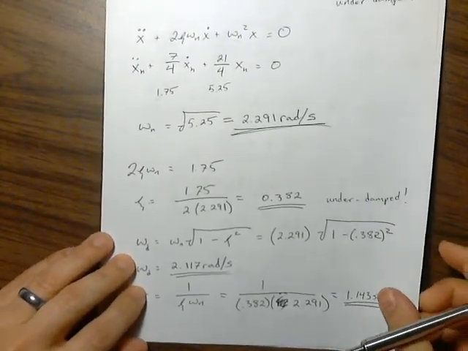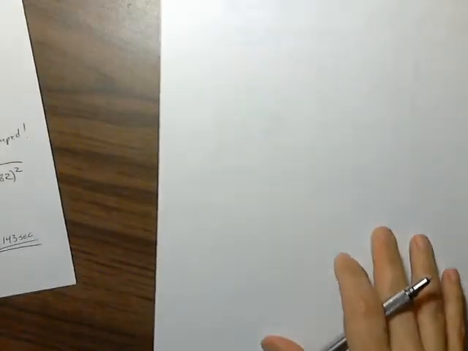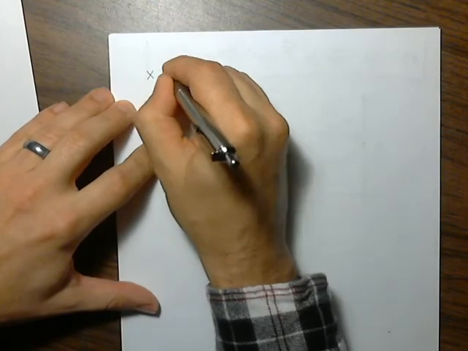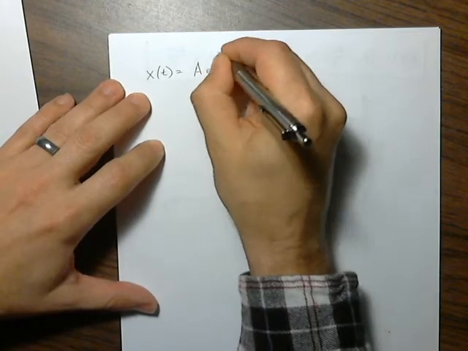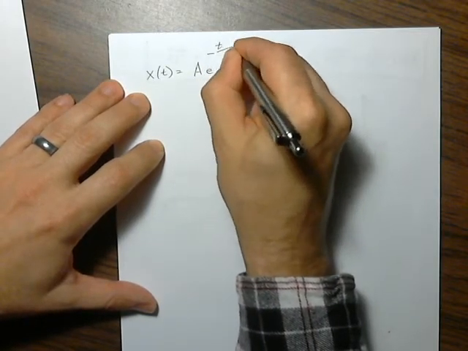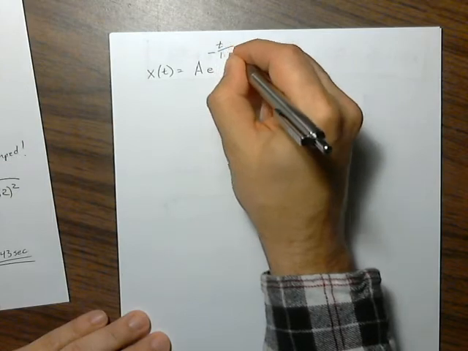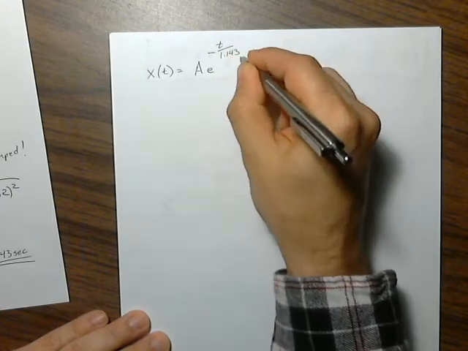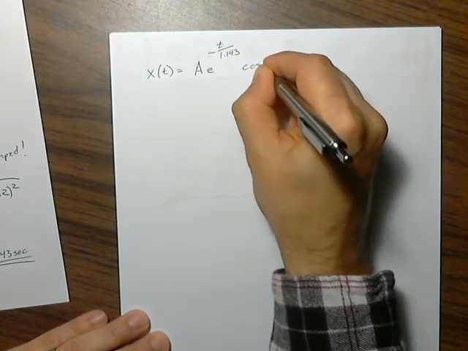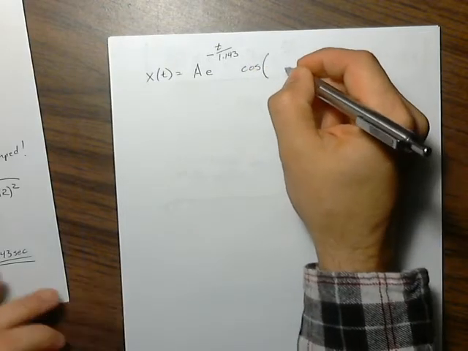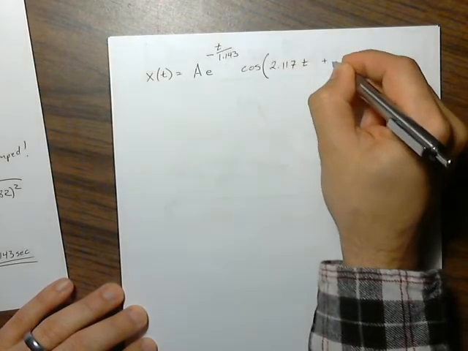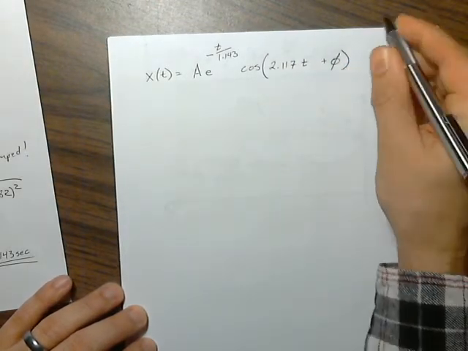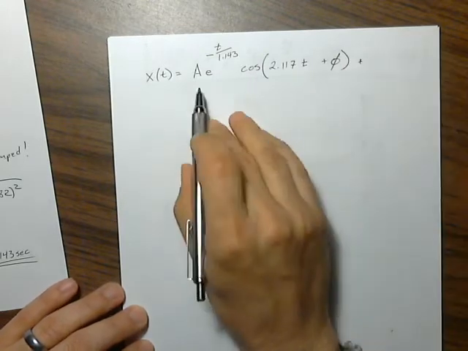All right, so we've got the parameters now. We are ready to assemble our total solution. So the solution as a function of time is... all right, so that's my homogeneous solution.